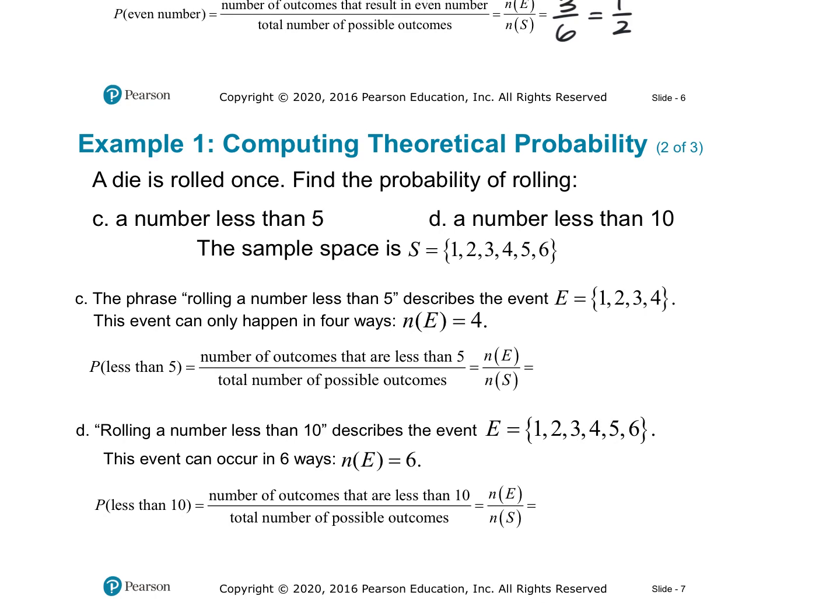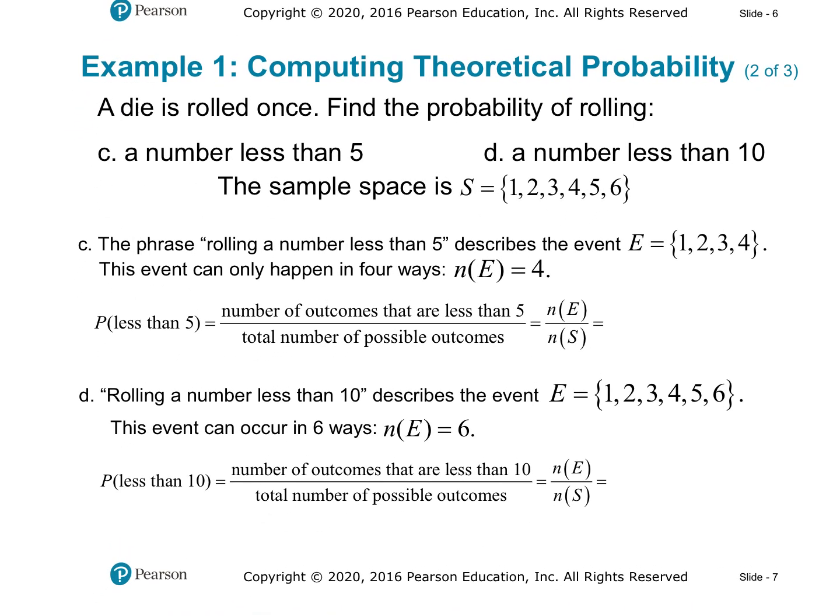All right. Let's look at 2 other possibilities: rolling a number less than 5 and a number less than 10. Your sample space is still 6 because dice are still only 6-sided, unless you play Dungeons and Dragons and have the multi-sided dice, but we're just looking at a regular die.